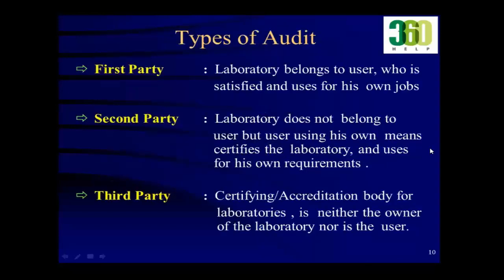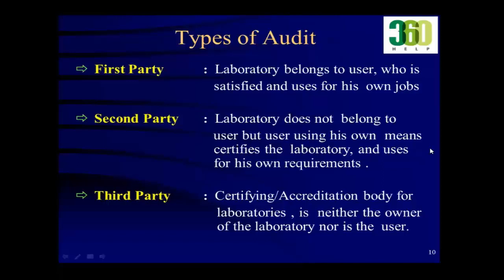So when we say audit, you must have learnt about the term internal audit, meaning the lab belongs to a user and you yourself audit your laboratory from time to time. Second party: your users are auditing the lab.